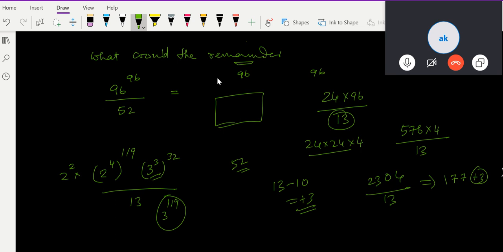We cannot hear Rahul. He has some doubts. Tell me. His doubt is on 3 to the power 119. No, that I told you, right, that method.